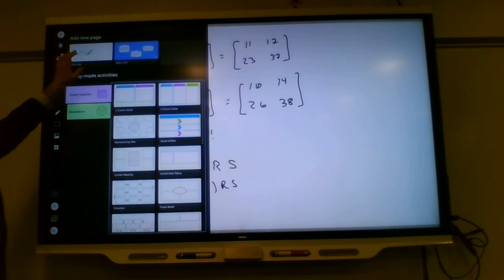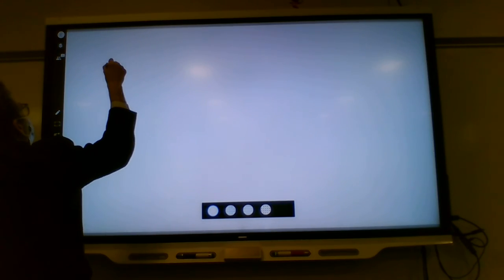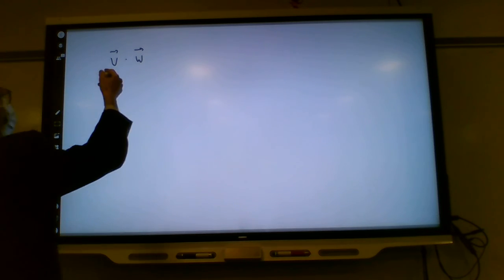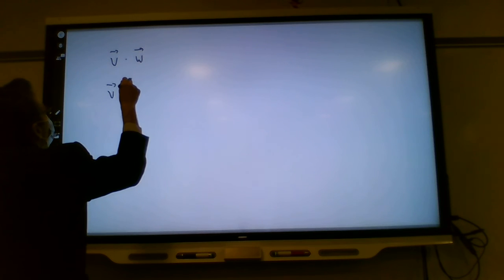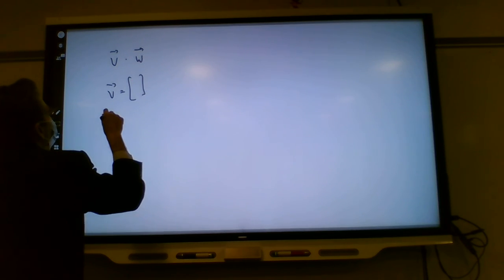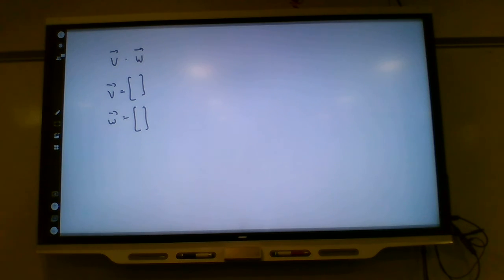All right, so let's finish up with one more idea. If I had a vector v and a vector w, the dot product is, we know what that is, right? We've talked about that. Well, sometimes we think about v as being a column and w as being a column, or both of them being rows, then that doesn't look like matrix multiplication.